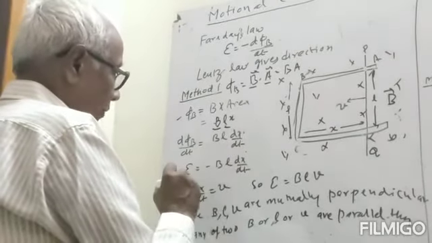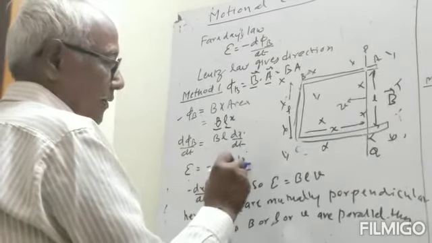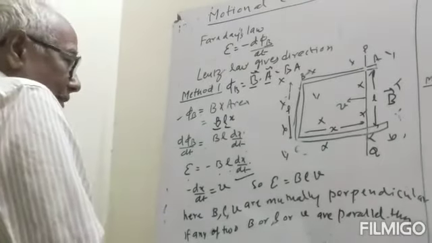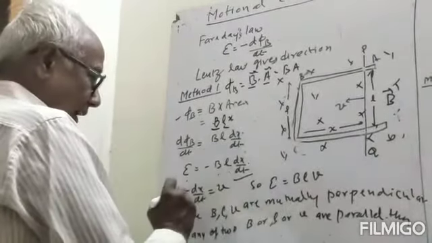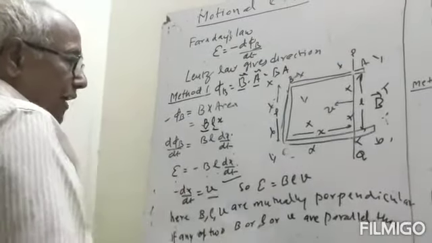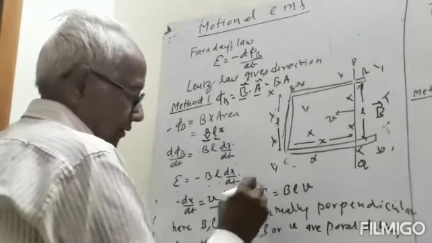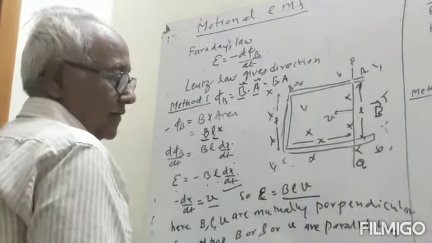And so, EMF will be equal to minus B into L dx by dt. Now, dx by dt will be equal to minus velocity, because x is decreasing. So, minus dx by dt, we can put this value V.